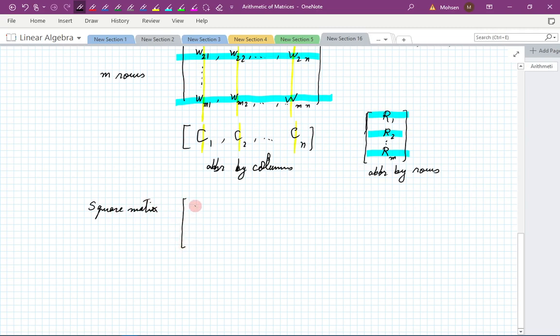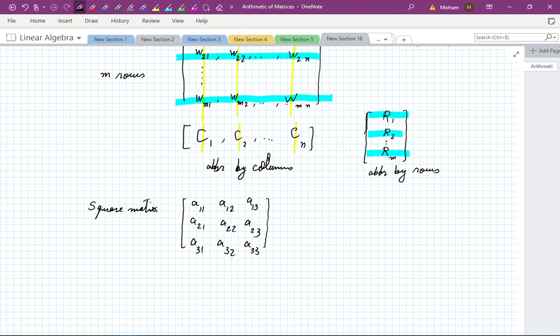Suppose we have a 3 by 3 matrix. How would it be written? Like A11, A12, A13, A21, A22, A23, A31, A32, A33. So that is the new lifestyle we are going to have to handle these type of entries.